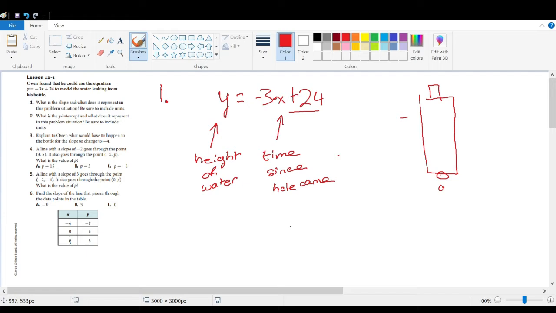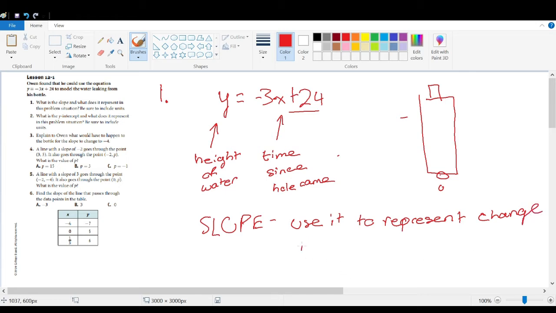The slope, this is important, we use it to represent the change in y as x changes.